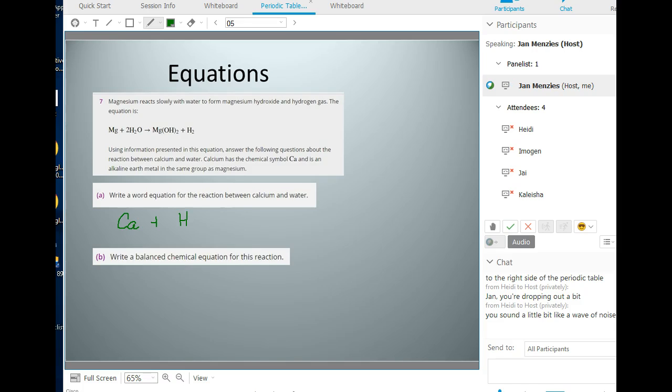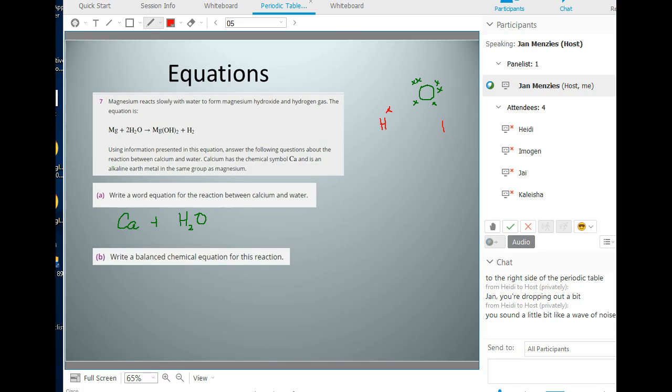Water is made of hydrogen, 2 hydrogen atoms bonded with an oxygen atom. So I happen to know that there are 6 electrons in the valence shell, the outer shell of oxygen. That means oxygen wants to get another 2. Hydrogen only has 1 electron.